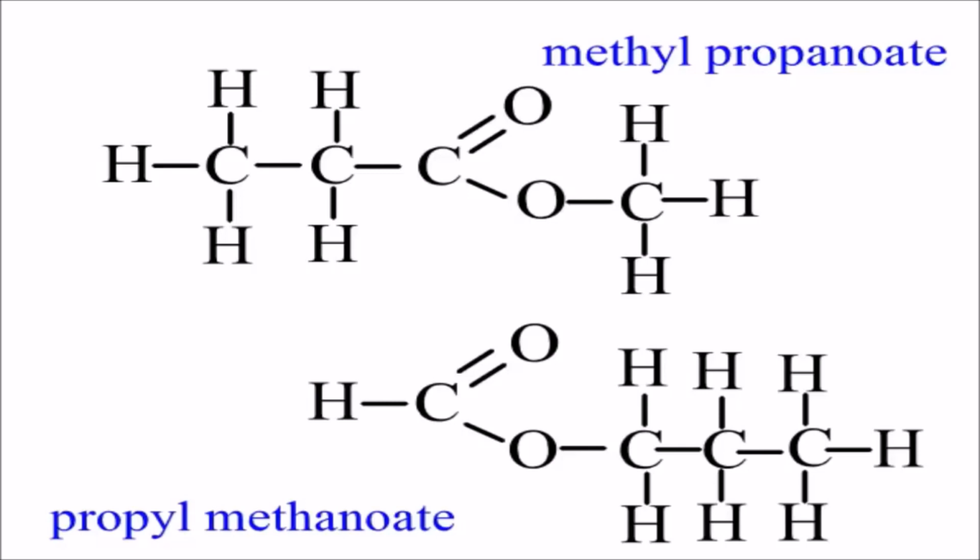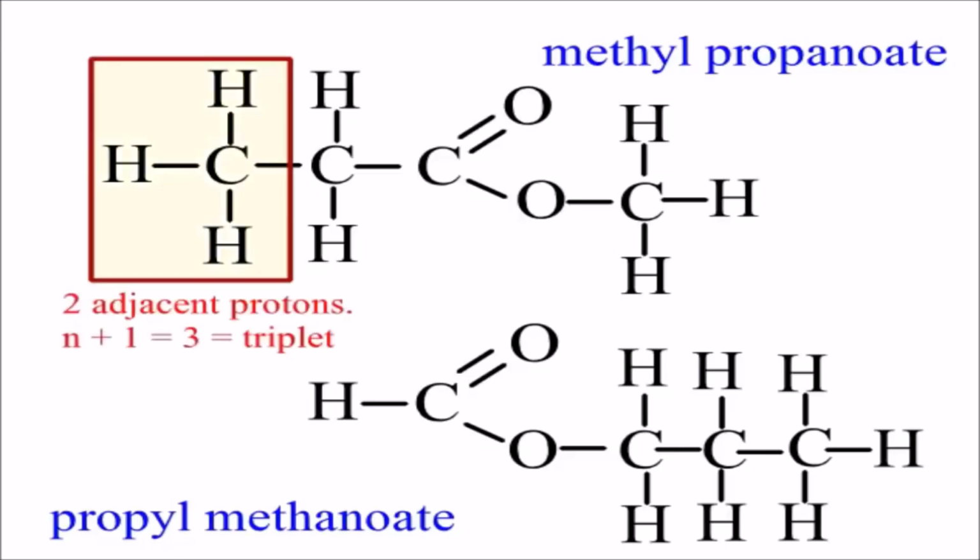So let's begin with the top ester, methyl propanoate. Look at the CH3 group there at the top right. How many adjacent protons has it got? Well, it has protons there on the CH2 group, so 2 adjacent protons. Use n+1, that gives you 2 + 1 is 3, so that peak for the methyl group will be split into a triplet.